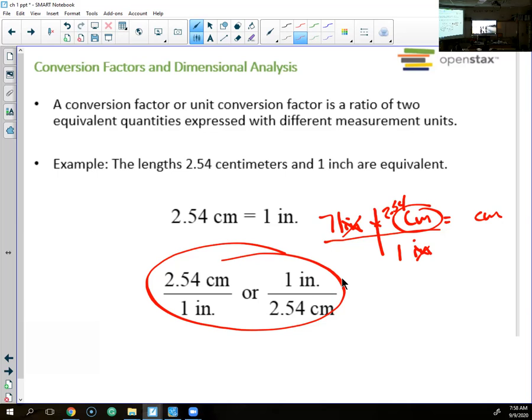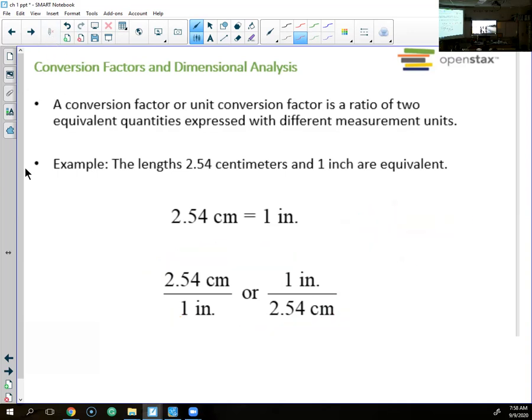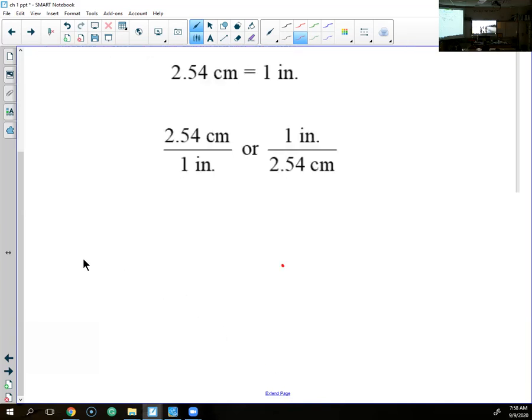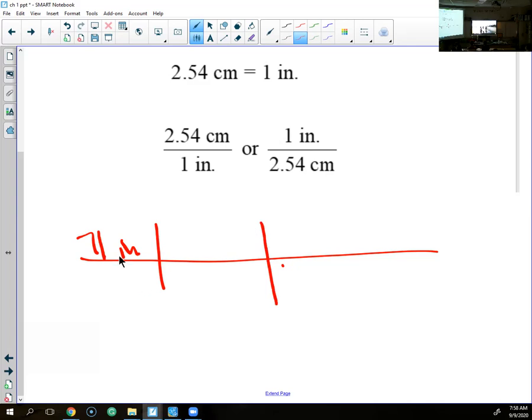Now, if I wanted to know how tall I was in millimeters, we could do it one more step. So I would follow the same process. I would take the thing that I know, and that's that I'm 71 inches. Oops, that's 1 first. All right, and then I would use my conversion factor where inches was on the bottom, once again, 1 inch, because these units have to cancel out. But the conversion factor, the inch is tied to 2.54 centimeters.